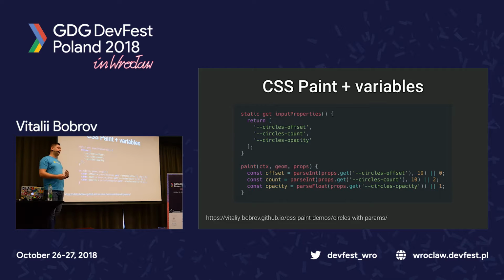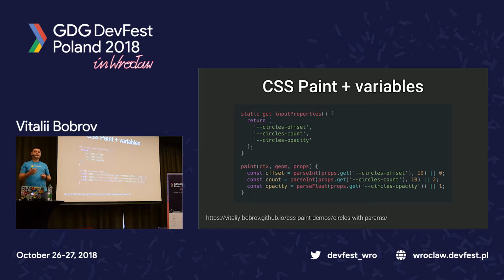This means that if any of these properties we are interested in changes, the Paint API will call the render function for us. So in the paint method, we have access to these properties, and properties is a special read-only map of CSS properties that we can parse and provide some defaults if nothing is specified.